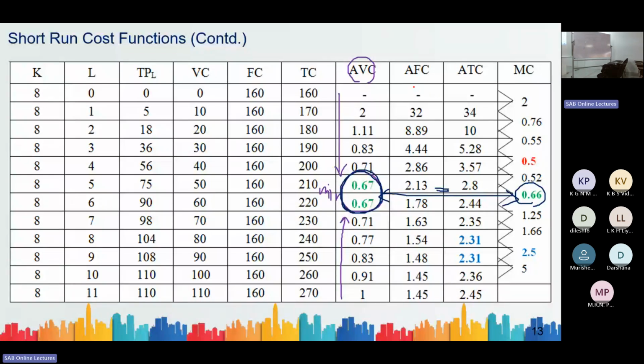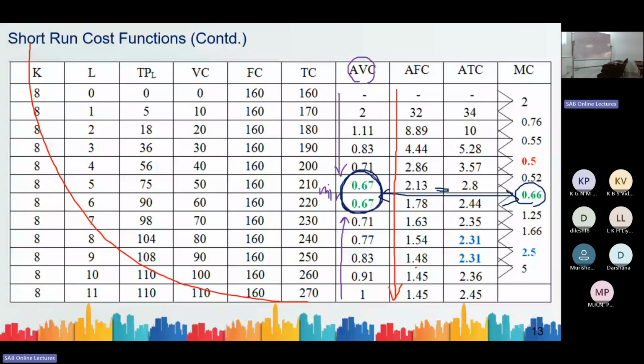Next, what we observe is average fixed cost. What do you observe? Average fixed cost is continuously decreasing. There is no minimum or maximum point. It is continuously decreasing. It behaves like this.